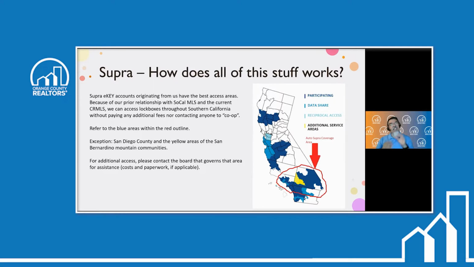So you'll have to contact those associations that govern that area to find out if there are any costs, paperwork, or fees involved to get your key to work in that area. Sometimes it's an easy fix, sometimes it's more involved. So you'll have to contact them for assistance.